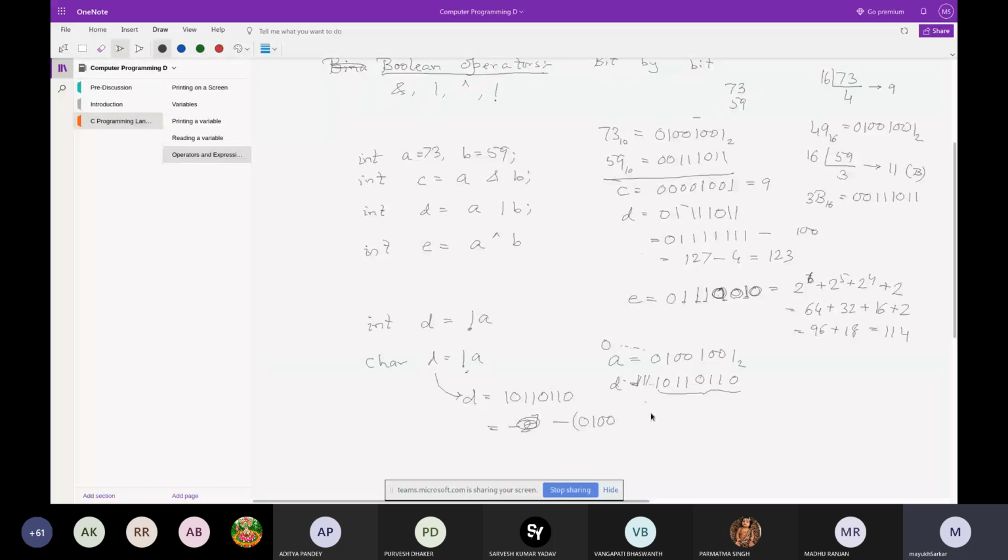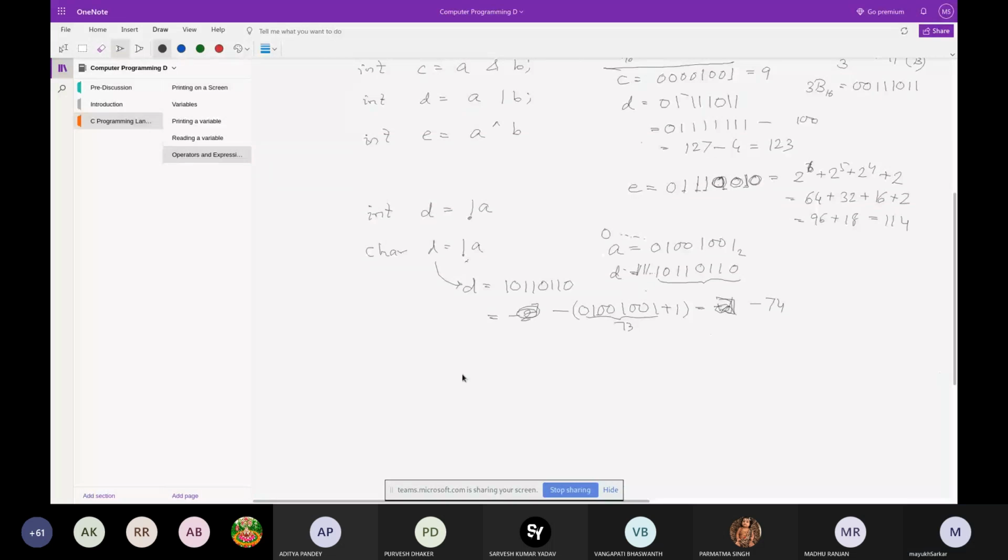So in fact minus whatever the value is, 73. This is giving you 73 plus 1, that means minus 74, right? Whereas if you take this as unsigned char, you will get a different value for that.